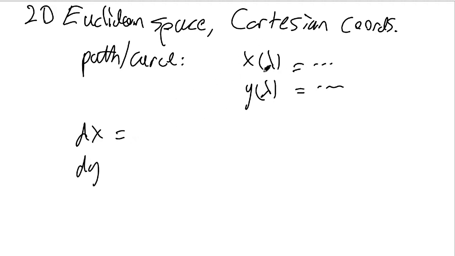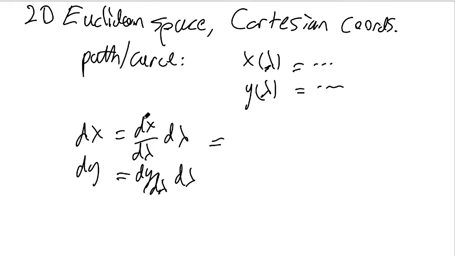Since these are generic paths, this is just dx d lambda, dy d lambda, d lambda. Let's denote dx d lambda by x dot, so the dot refers to differentiation with respect to lambda. And then dy is just y dot d lambda.